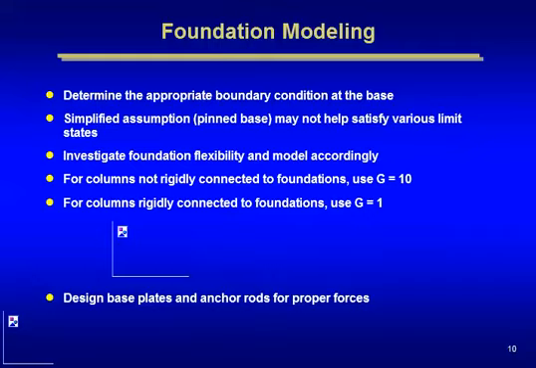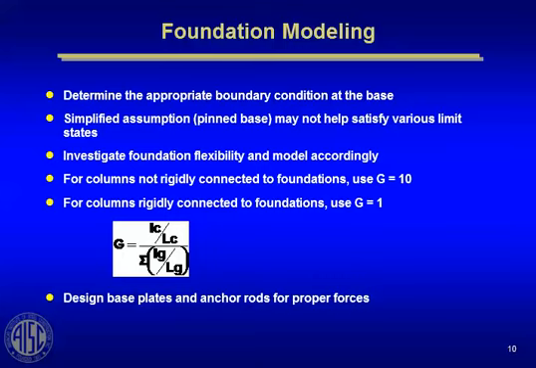Now, I mentioned the issue about foundation modeling and the fact that having a realistic boundary condition at the foundation might help you in designing for drift, where drift can control moment frames.